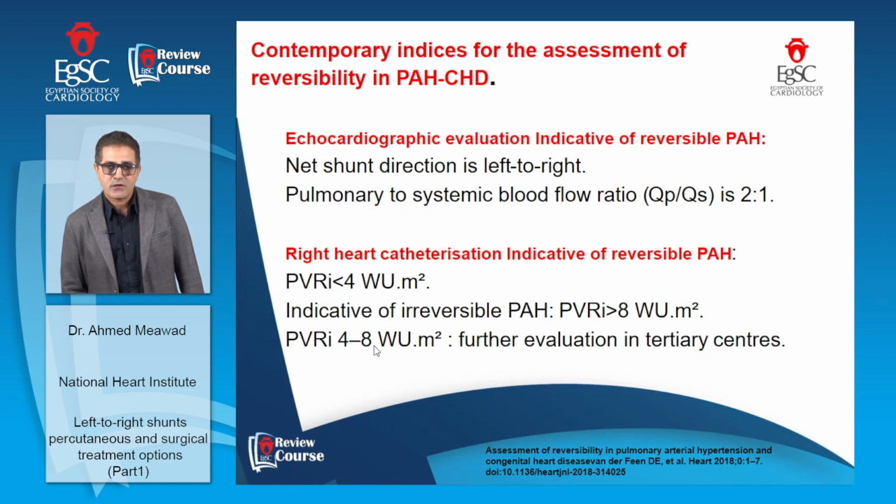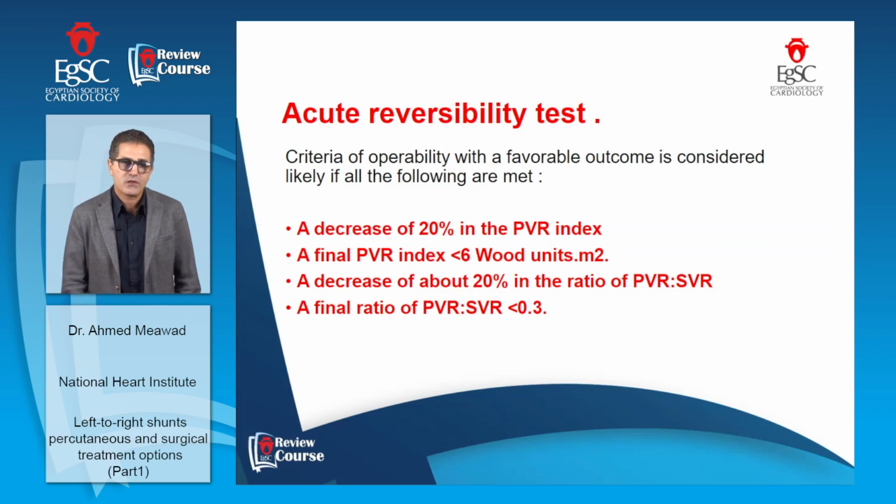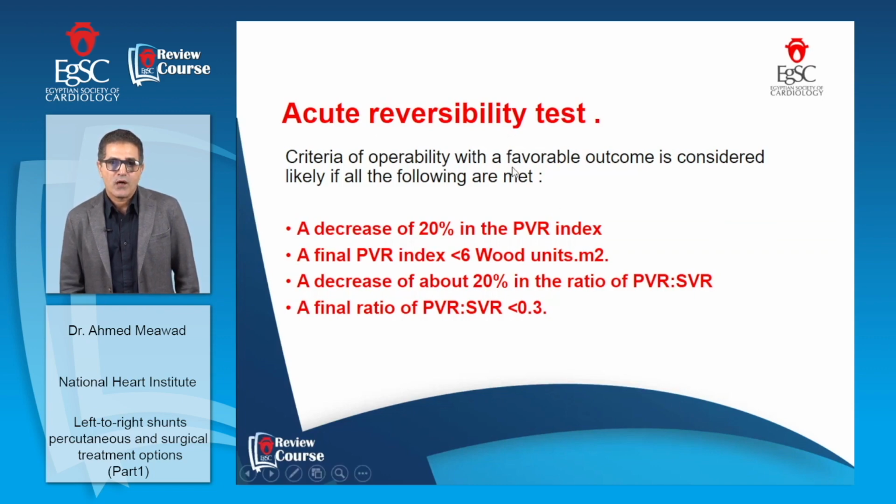It needs further evaluation, what is known as acute reversibility test. We do acute reversibility test using nitric oxide or ibuprofen. So after administration of this medication, if there is decrease in the pulmonary vascular resistance of 20% or more, and the pulmonary vascular resistance index becomes less than 6 Wood unit per meter square, it is reversible.